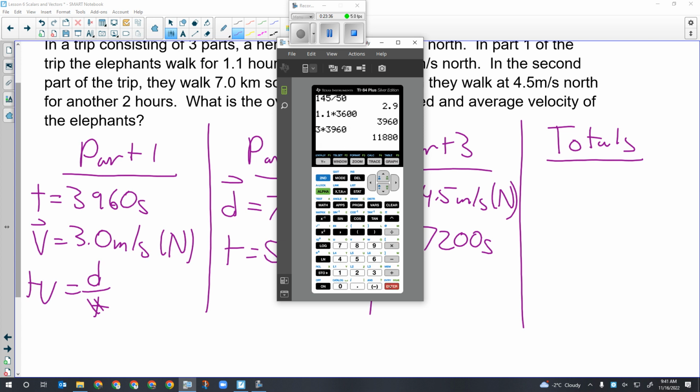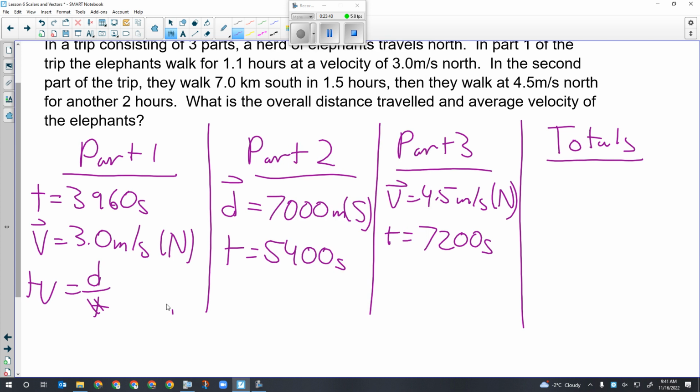Okay, so they're going to go 11,880 meters in part 1. And that's north. Okay, because they were walking at a velocity that was north, that means their displacement is north. Okay, so now I've got all 3 things for part 1.